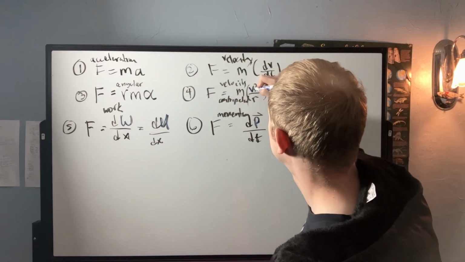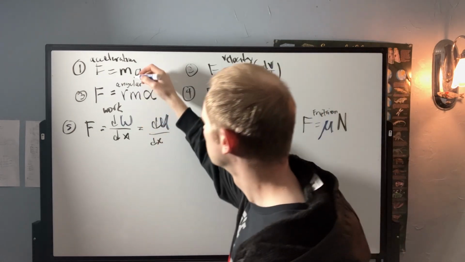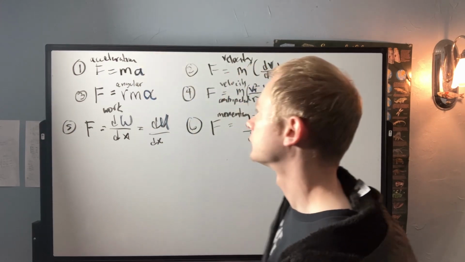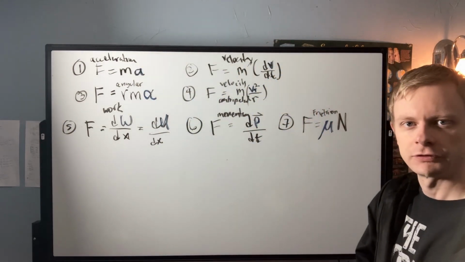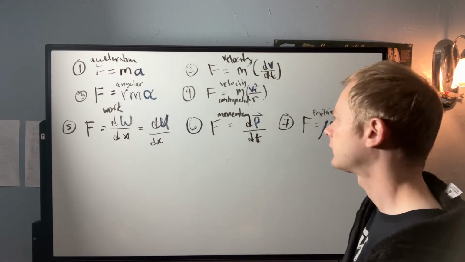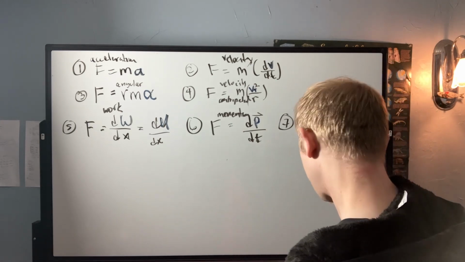Maybe you're given velocity, either tangential or the regular velocity. Maybe you're given this particular alpha, or just the regular acceleration. These are some different ways you can calculate force. I'm assuming you're given mass. Everybody's given mass. So let's keep going.